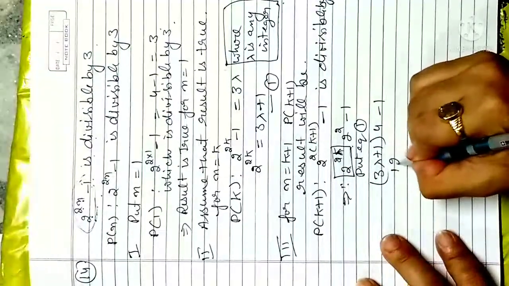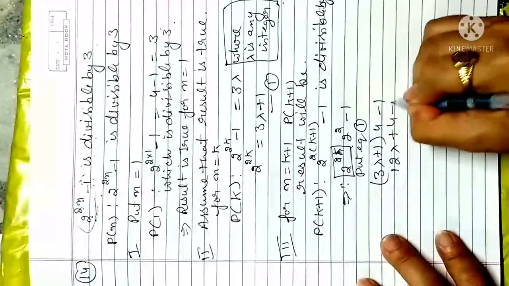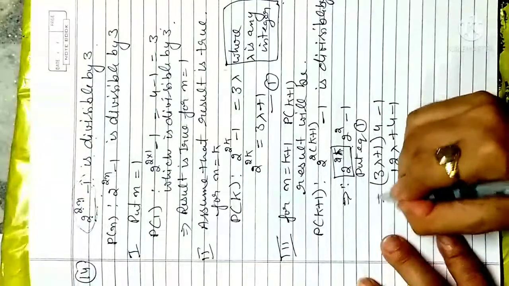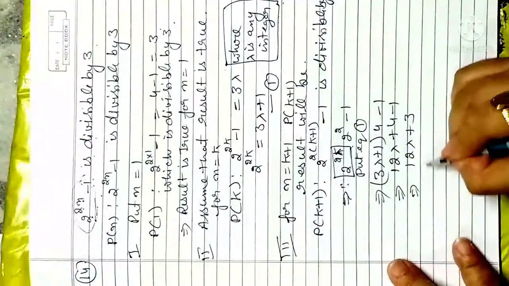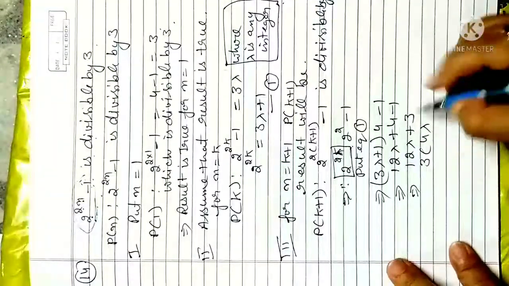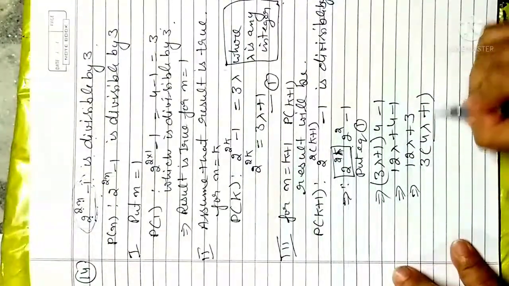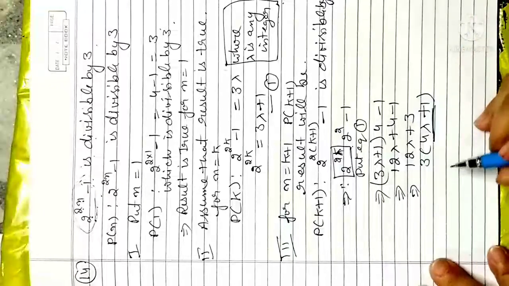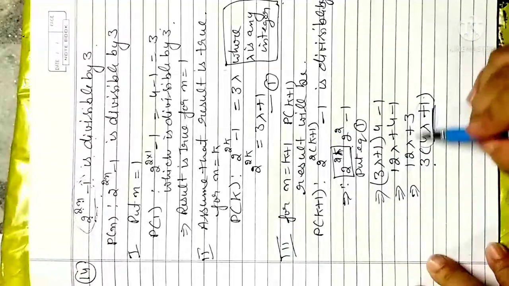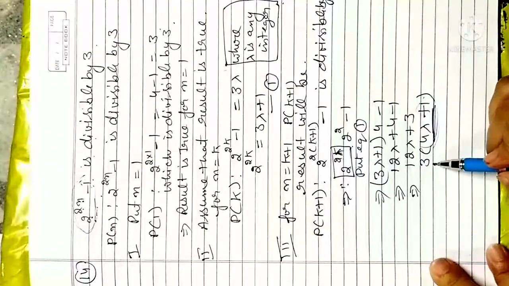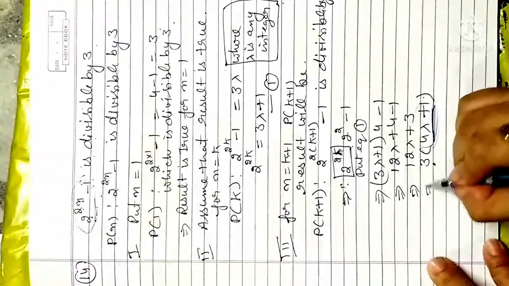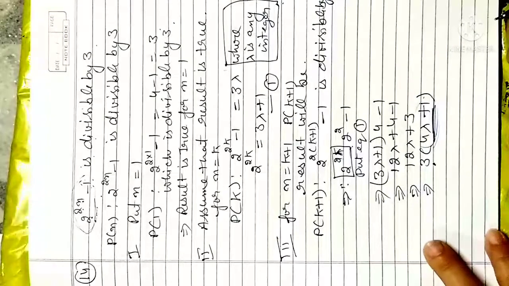When you open this, that is 12 lambda plus 4 minus 1. So that gives me 12 lambda plus 3. Now if you take 3 common, that is 3 times (4 lambda plus 1). That means this is any integer, and the calculation of this can be any number, but when you multiply by 3, that gives me exactly a multiple of 3, or divisible by 3.